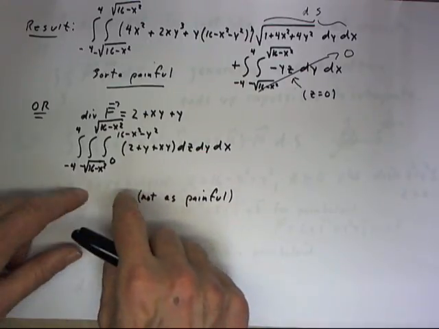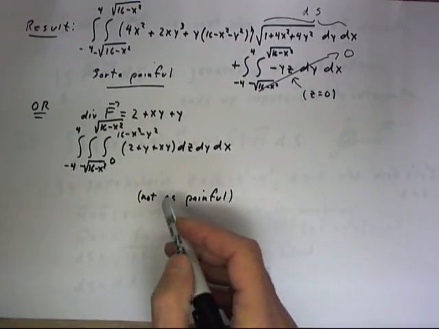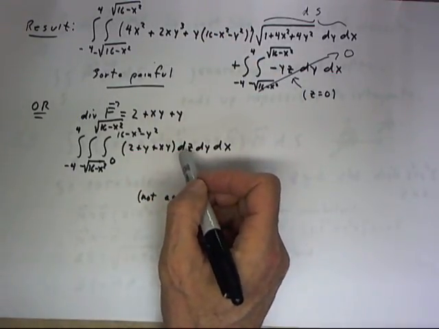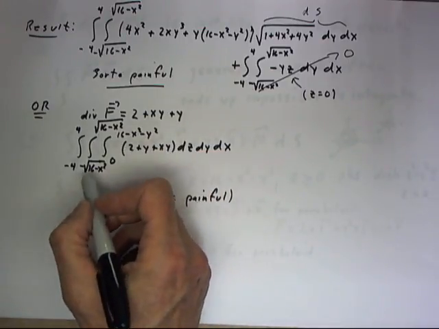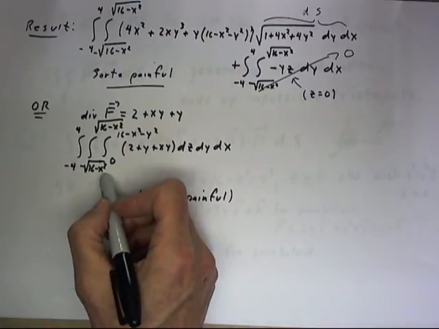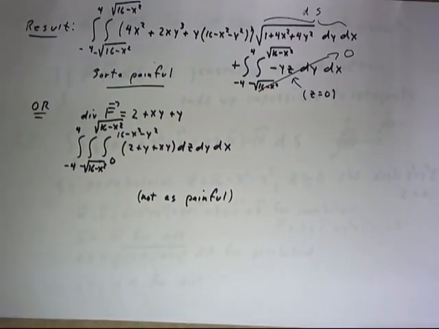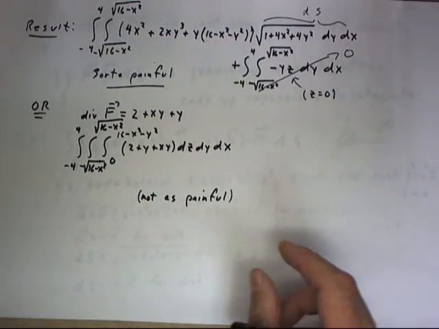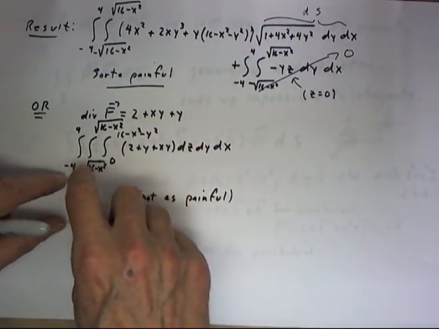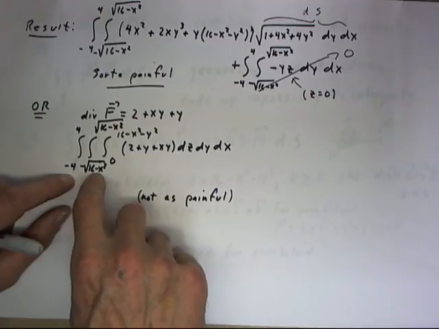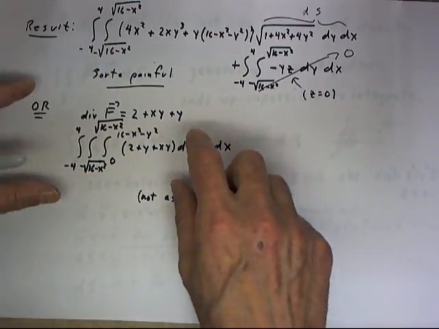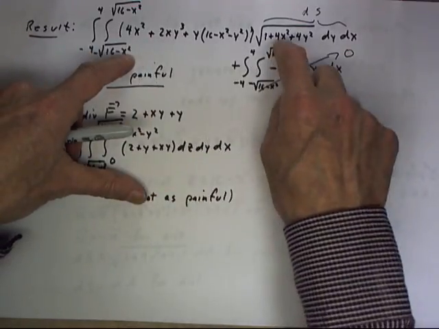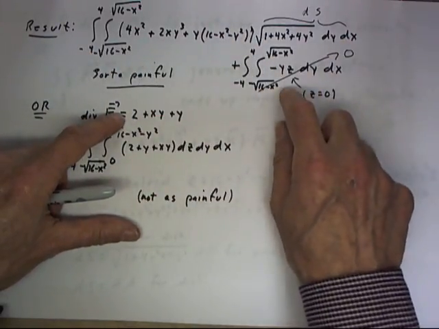And this integral is not nearly as painful as this integral. The worst thing you get into here is integrating powers of 16 minus x squared, essentially. Again, we can apply the divergence theorem because the volume implicit in the description of this region is enclosed by the surface that we've used to set up these integrals.